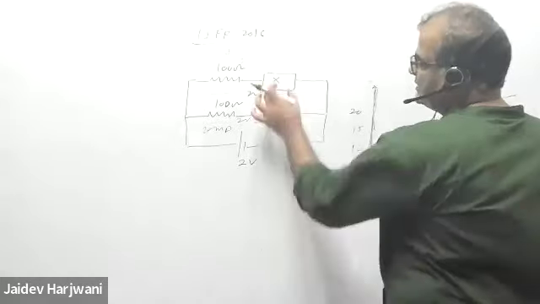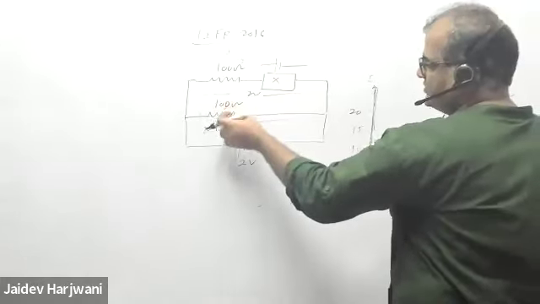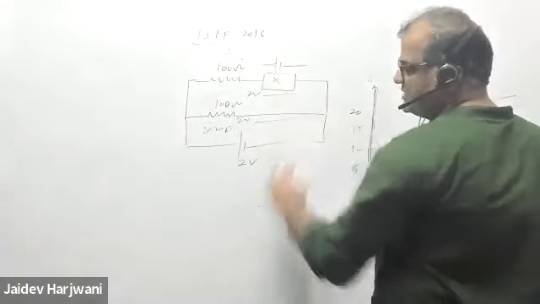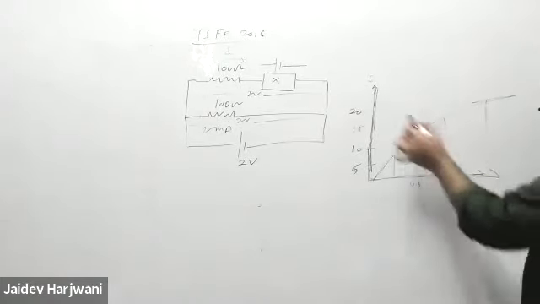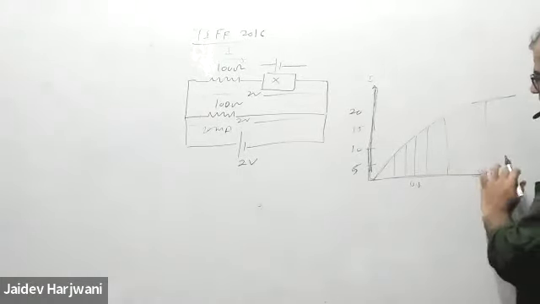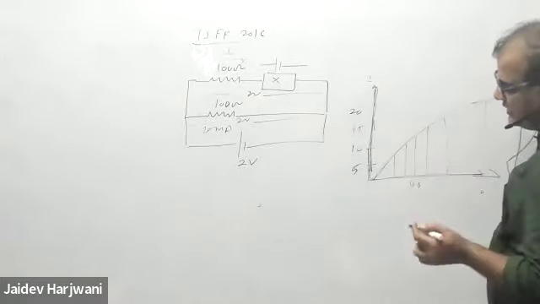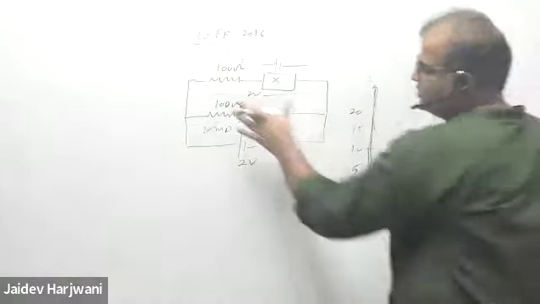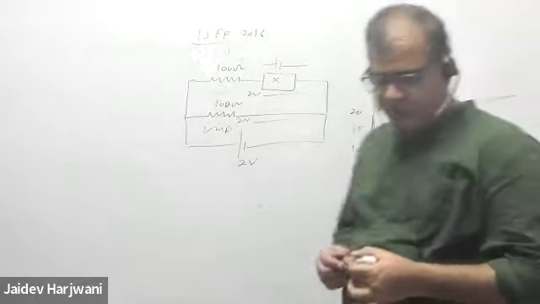But here some device is there which will lose some voltage. So obviously the current will be less than 20 milliampere. Now you have to find how much the current is there, so that this total should be 2 volts.